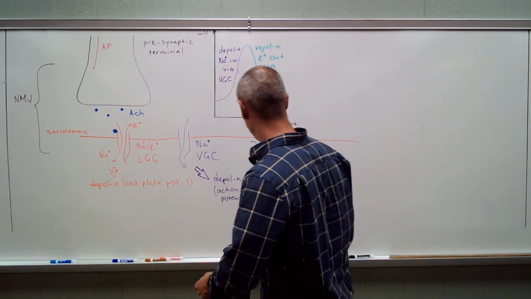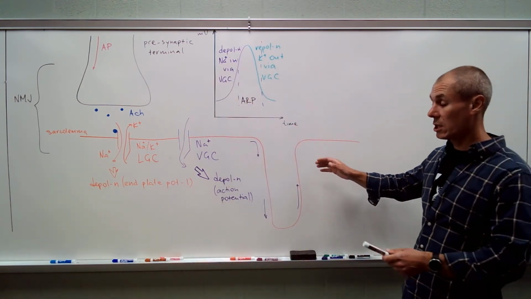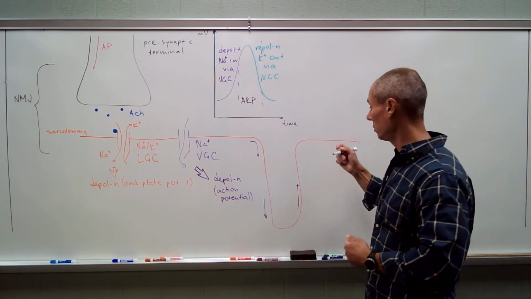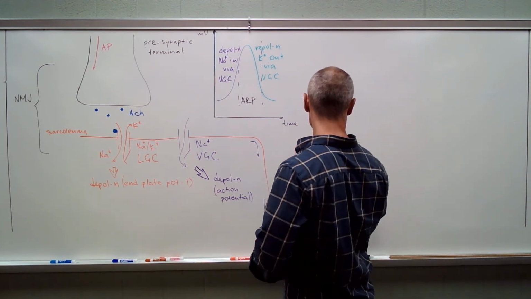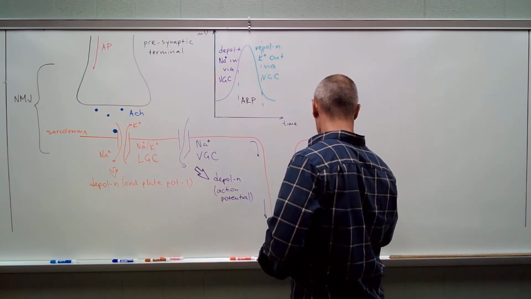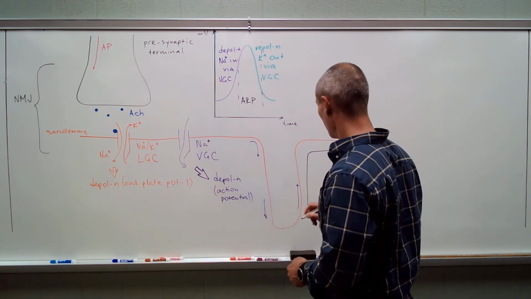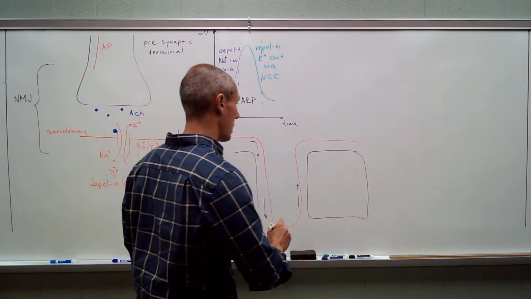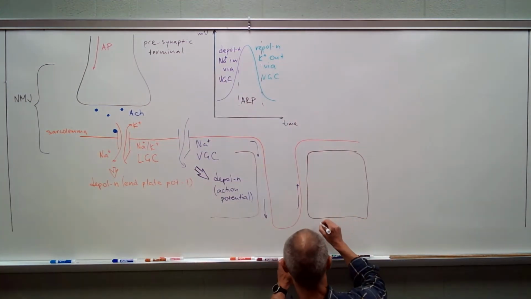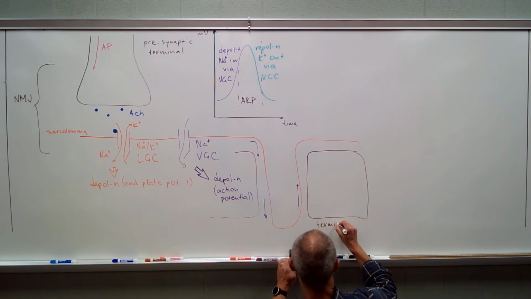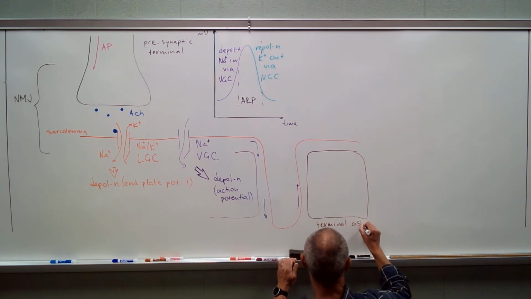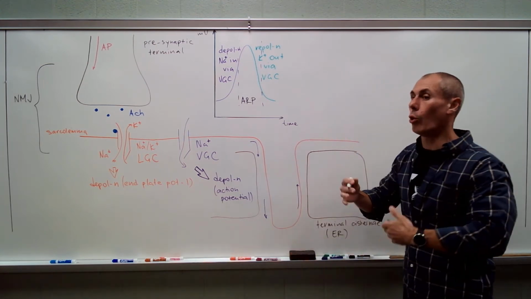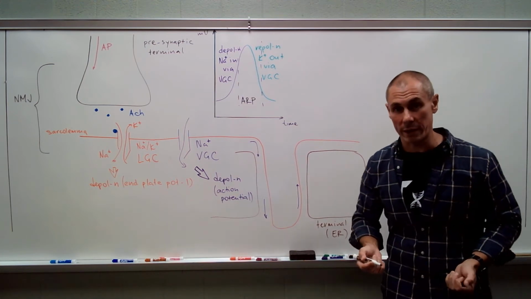And it turns out that near each T-tubule, there's the so-called, fancy word, terminal cisternae. So what is that terminal cisternae? This is basically your endoplasmic reticulum or sarcoplasmic reticulum, call it whatever you want.